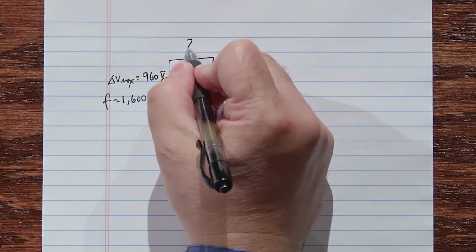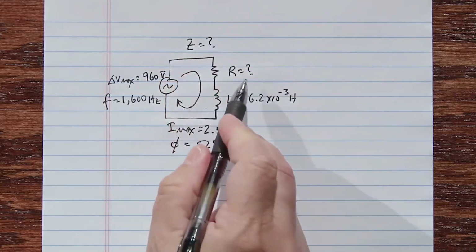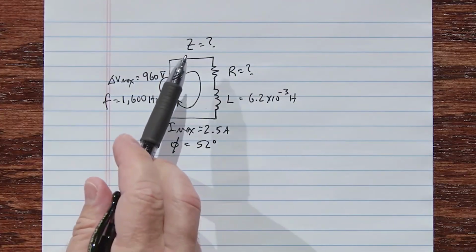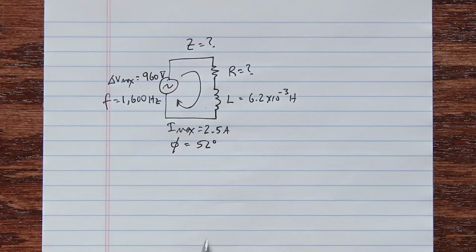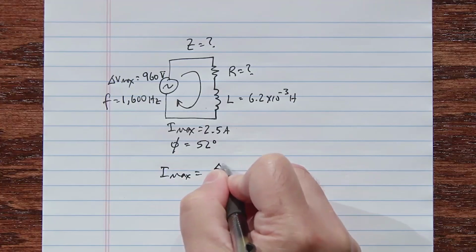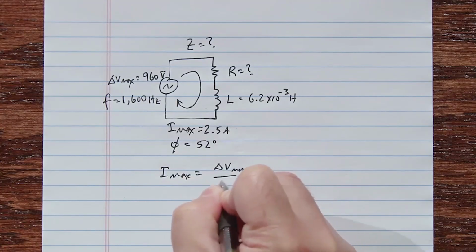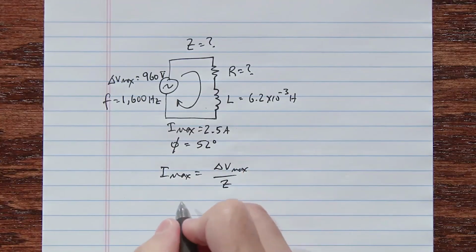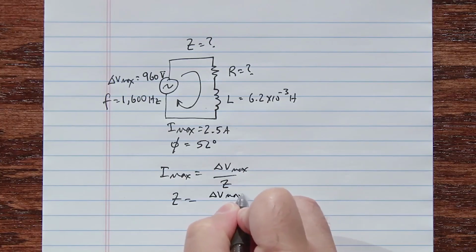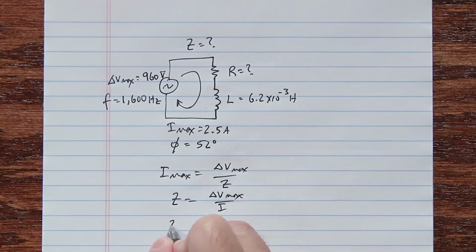We're looking for the impedance and the resistance. Those are the two things that we're looking for. Well, we can find the impedance from the voltage and the current. I max is equal to delta V max over the impedance, or the impedance is delta V max over the current.